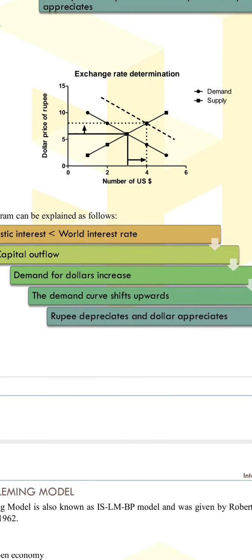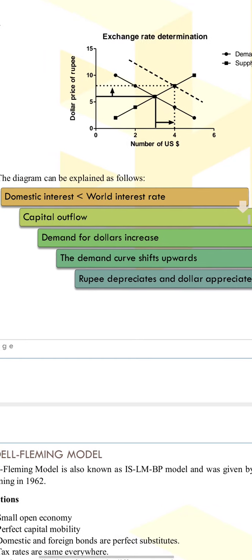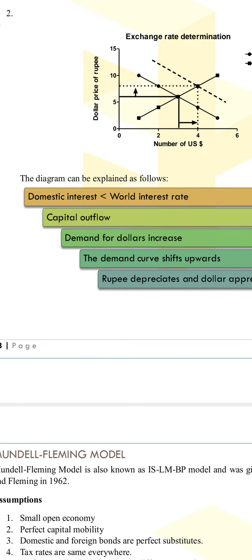When the demand curve shifts upward, it means domestic interest rate is less than world interest rate, and there is capital outflow. Demand for dollars increases. We are seeing here the demand curve shifts upward.